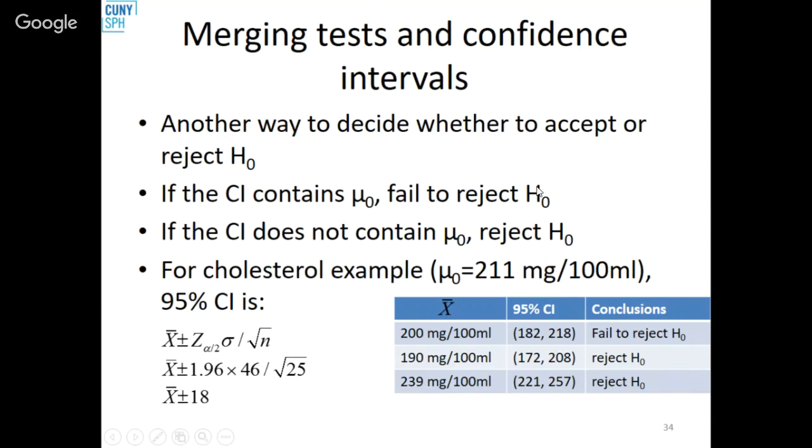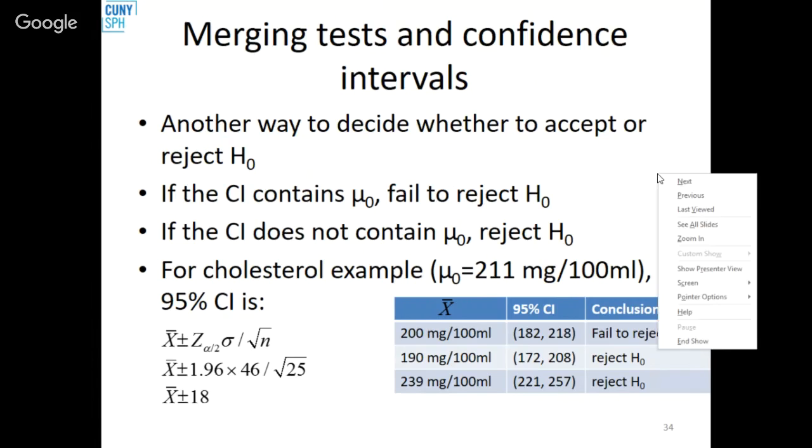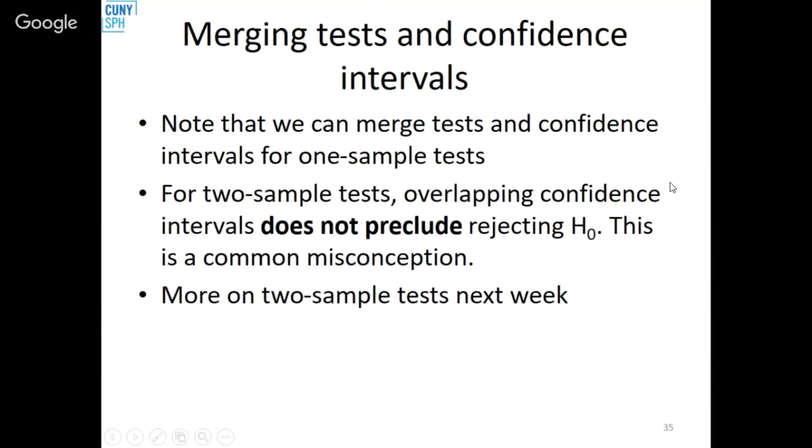If it does, then you accept the null hypothesis. If it does not, then you reject the null hypothesis. So you can do that for a one-sample hypothesis test, but not for two-sample tests.